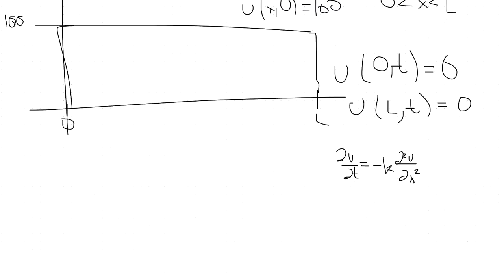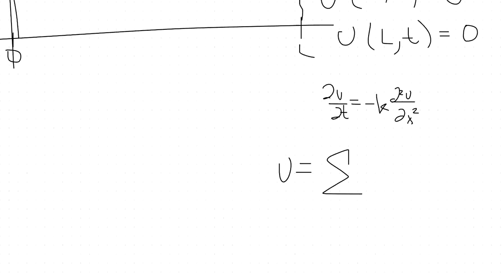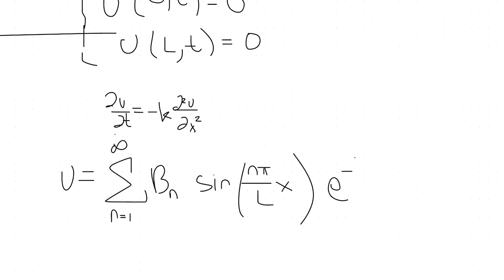And the way we do that, using what we had before, is we now know that u is equal to the sum from n equals 1 to infinity of b sub n sine of n pi over L times x times e to the minus k n squared pi squared over L squared times time.